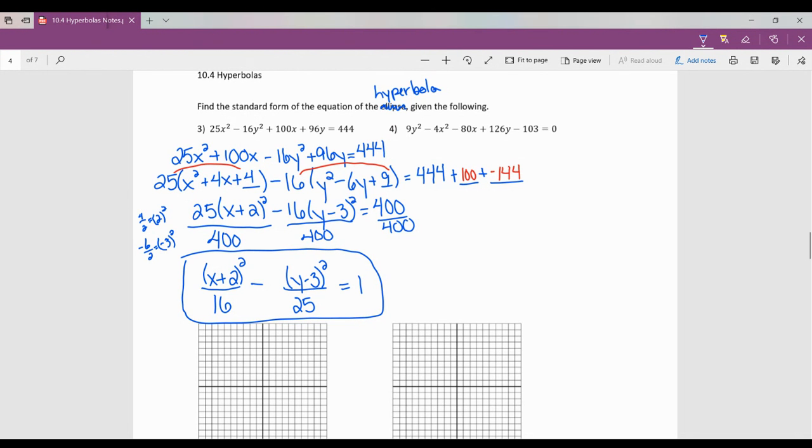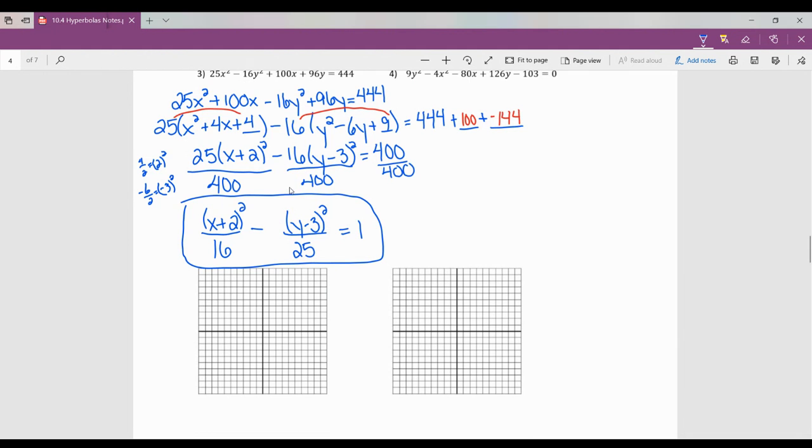And there is my hyperbola. Okay, so if I were to graph this, just to do a quick little graph, my center would be negative 2, 3. Negative 2, 1, 2, 3. My vertices, it opens left and right, so it would be the left 1, 2, 3, 4, and to the right, 1, 2, 3, 4.